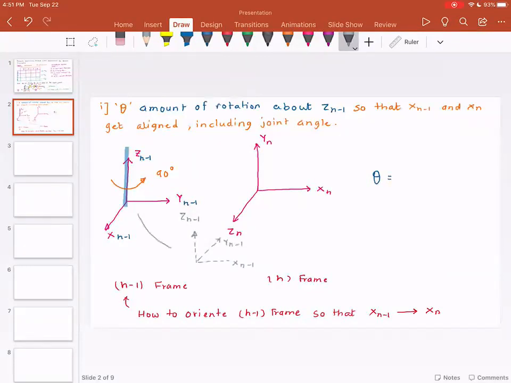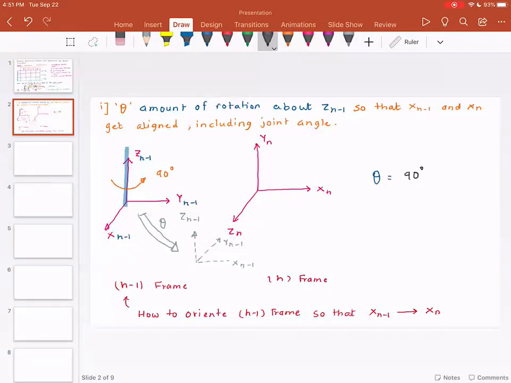So after the theta rotation, I get this frame which is aligned like this. So theta in this case is going to be 90 degrees.